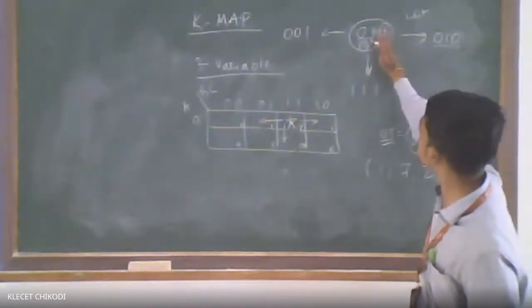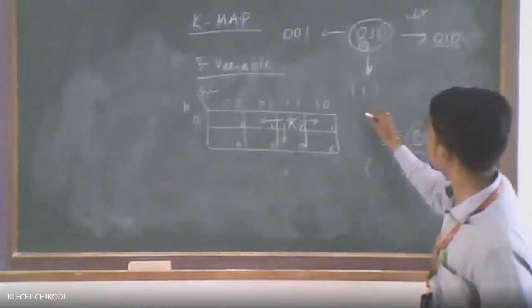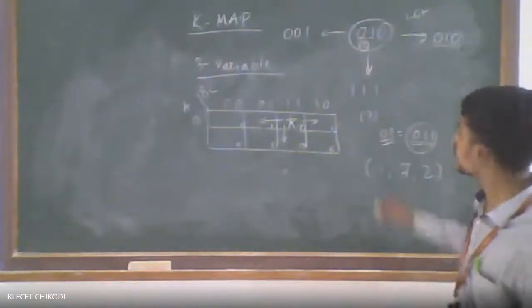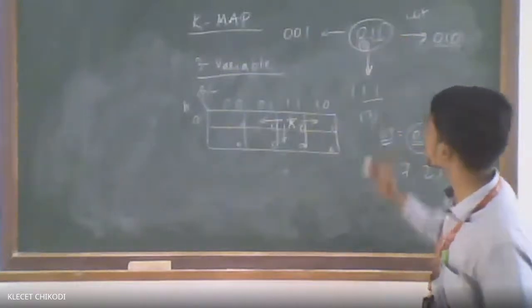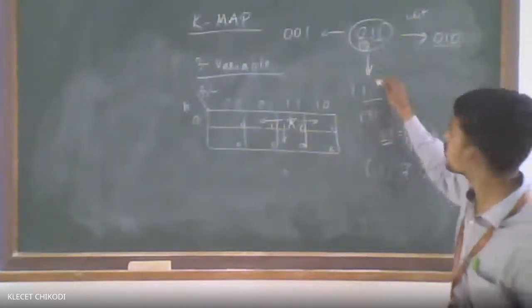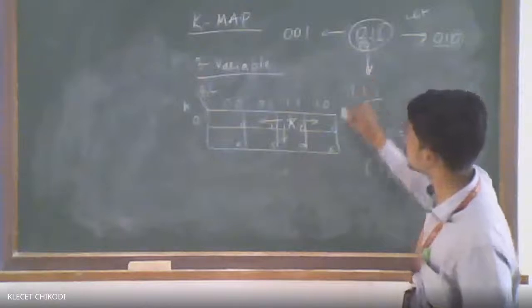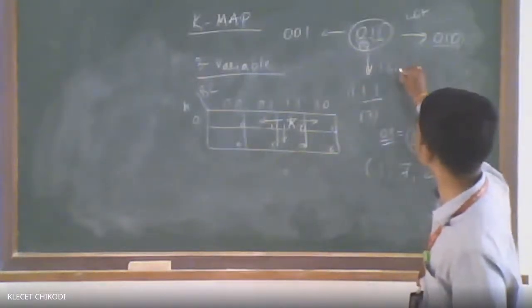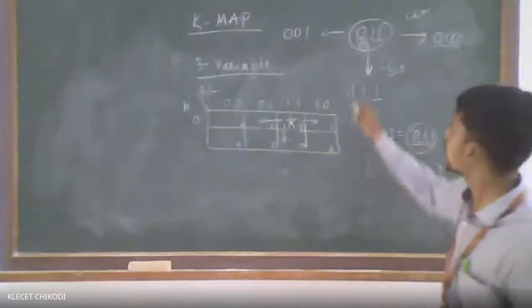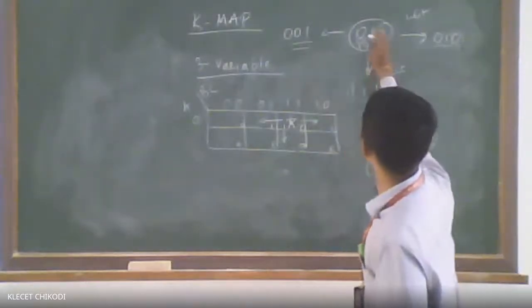Again, if you see third and 7, the last two bits are the same, 1 1, 1 1. Only the MSB is changing from 0 to 1. So again we can say that it differs by only one bit. You can see that once again here.